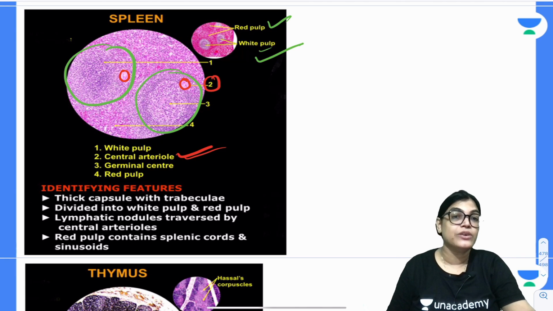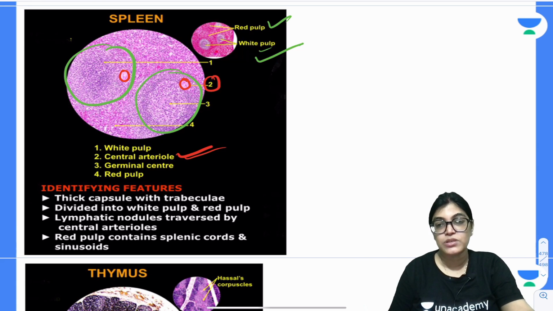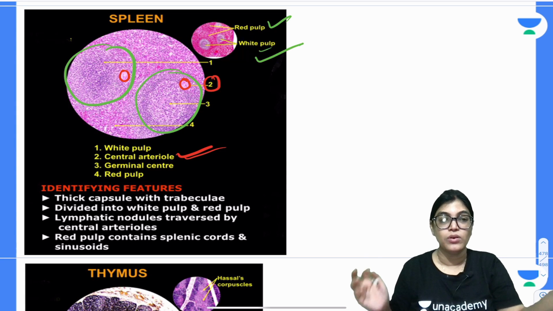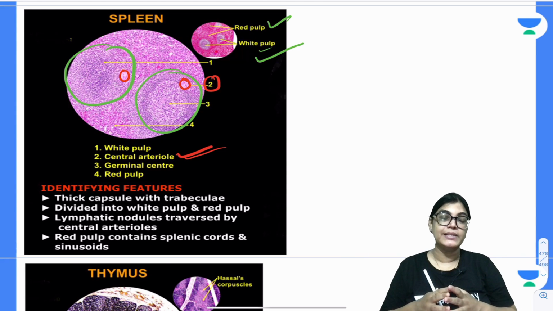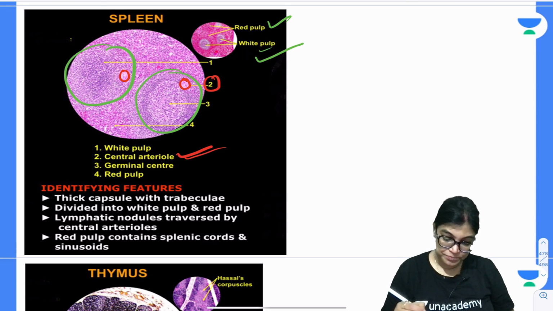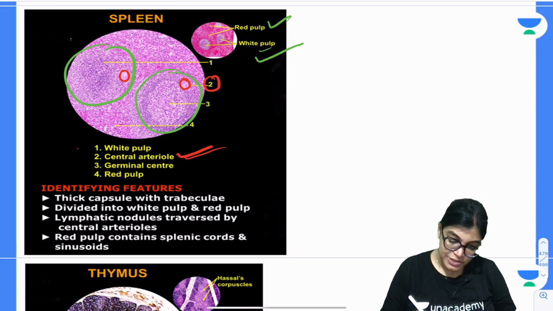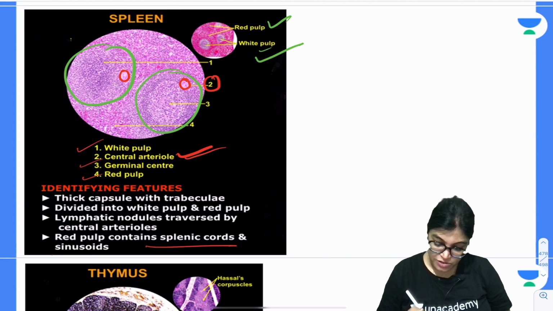So, the central artery you can see is eccentric in position. If we summarize the most important identifying features together, a spleen slide consists of white pulp and red pulp. White pulp contains lymphatic aggregations with germinal center. Red pulp contains the splenic cords and the splenic sinusoids.